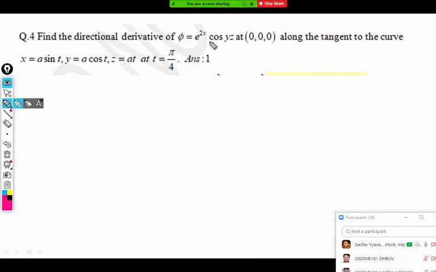So the question is to find the directional derivative of the function phi. We'll start with del phi equal to dou phi by dou x i cap plus dou phi by dou y j cap plus dou phi by dou z k cap.